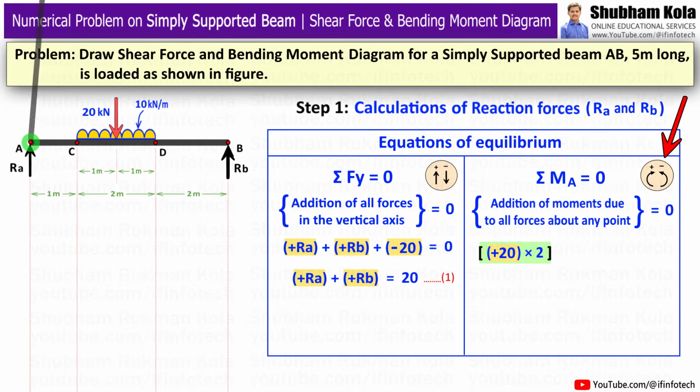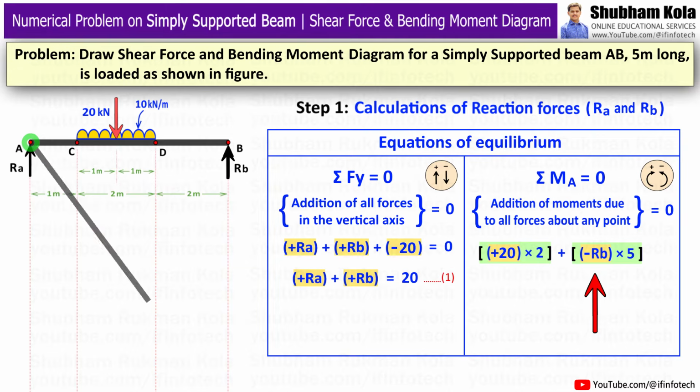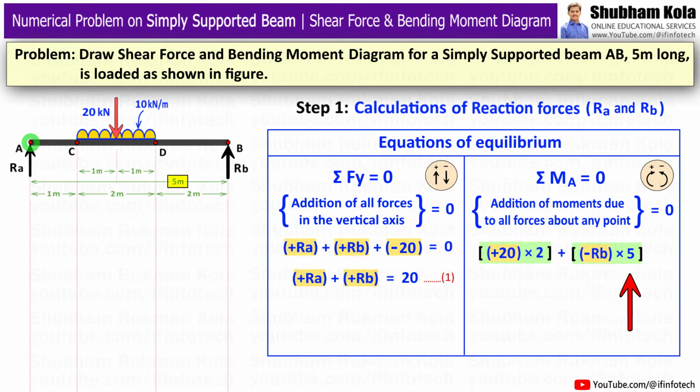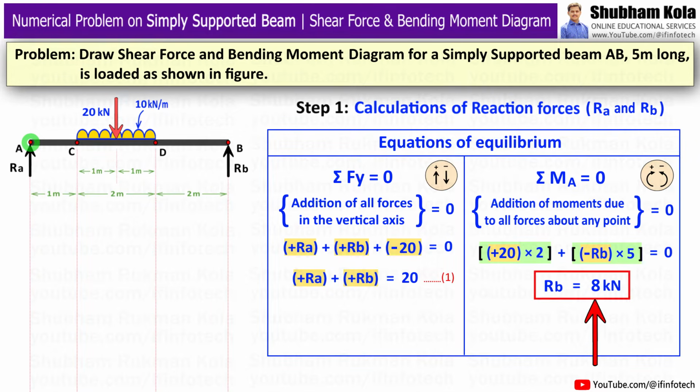So as per the sign convention, for anticlockwise moment, I will add this force with negative sign. And as per decided, moment is force into distance from fixed point. So here minus RB is the force into 5 meter is the distance from fixed point. So these are the moments. Therefore, by calculating, we will get the value of reaction force RB as 8 kN.